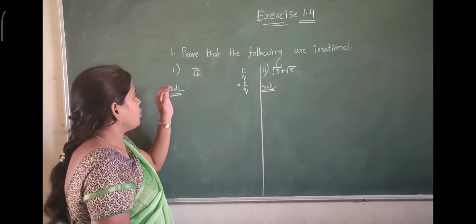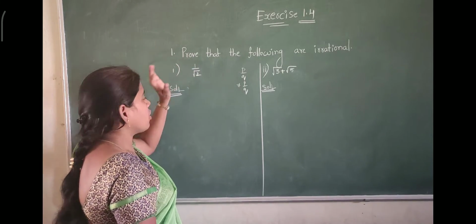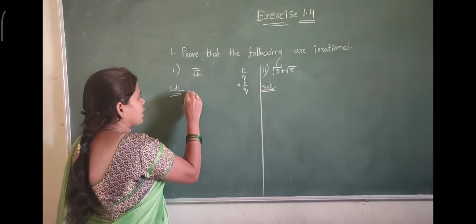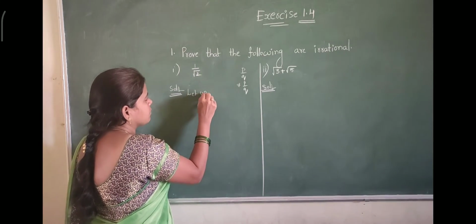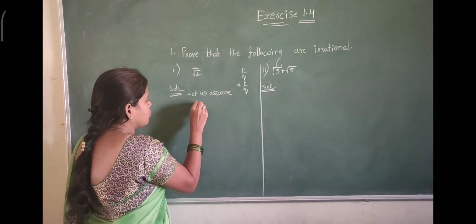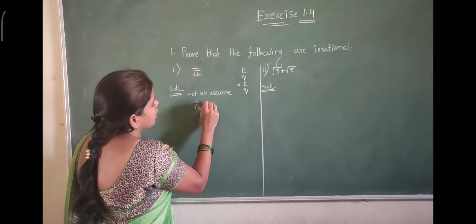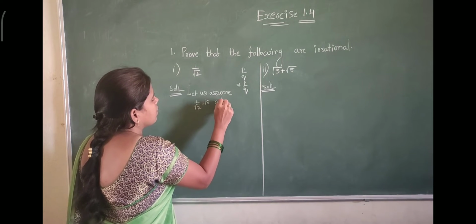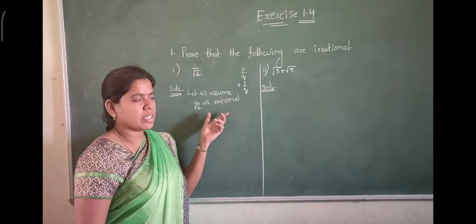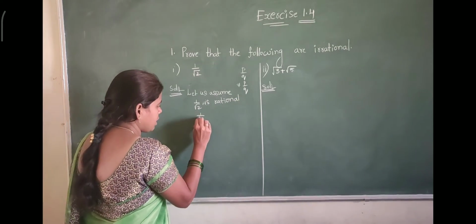Here, if you want to prove this problem, we are using the contradiction method. First of all, we are assuming this is a rational number. Let us assume 1 by root 2 is rational. So, if a number is rational, it is in the form of a by b.